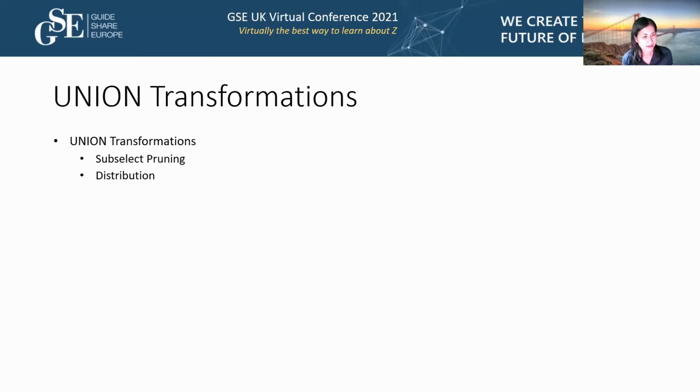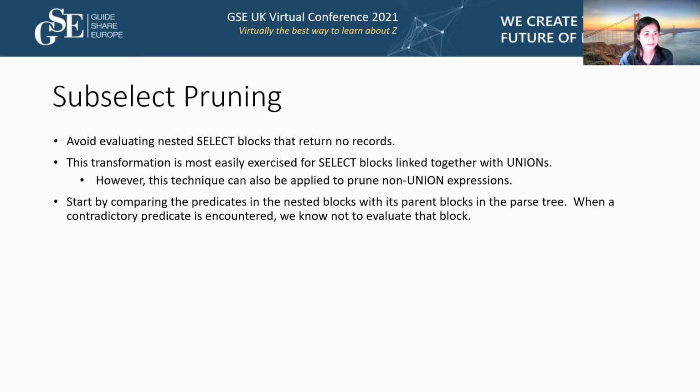Last but not least, we will talk about union transformation. Under union transformation, we have two categories: subselect pruning and union distribution. Subselect pruning is very easily exercised for select statements that are linked together by UNION or UNION ALL.